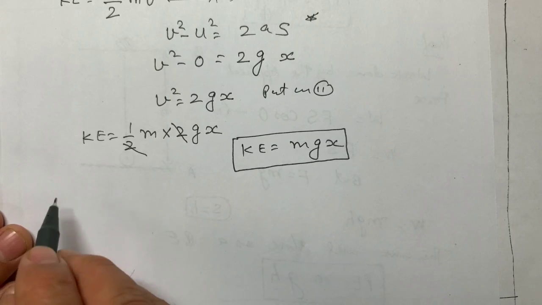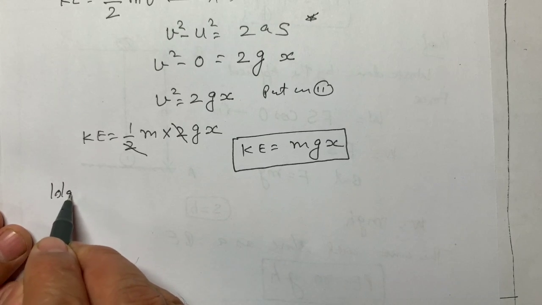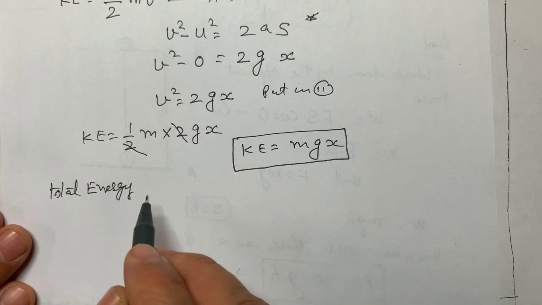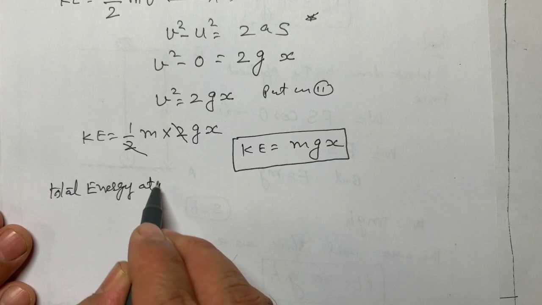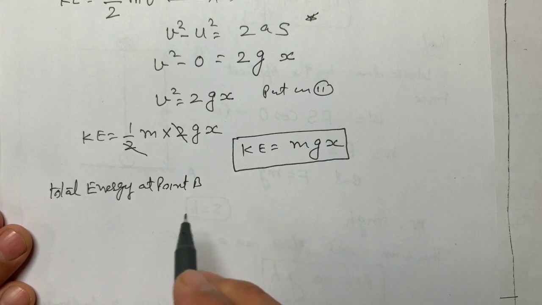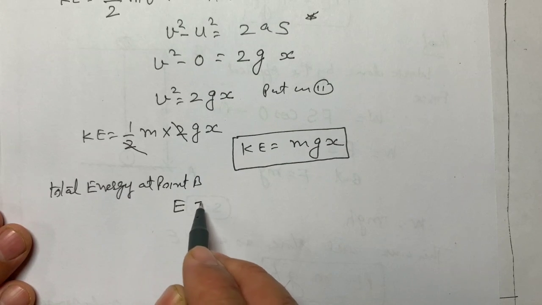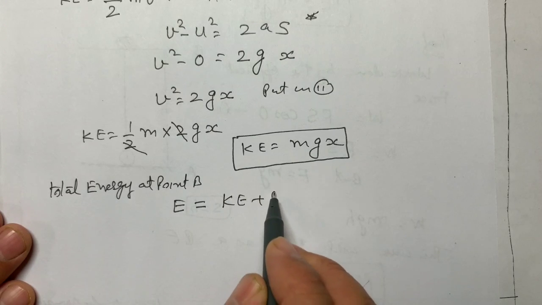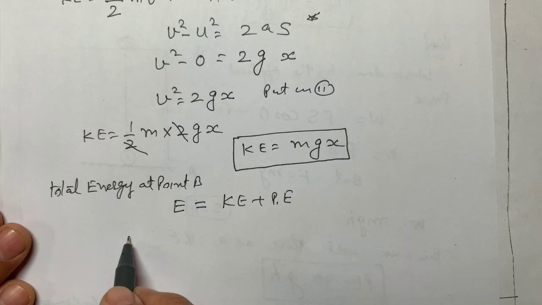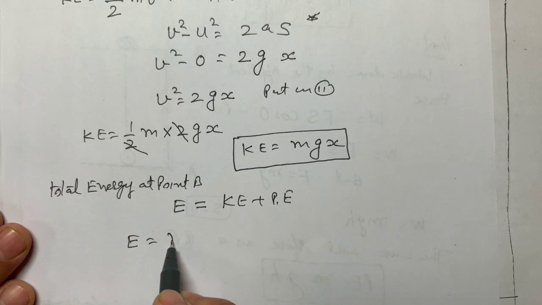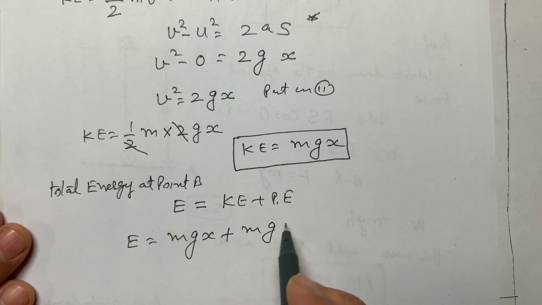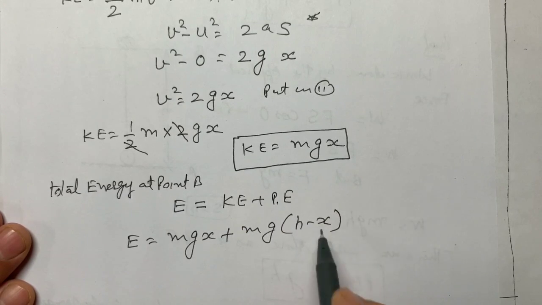Now what is the total energy at point B? Say total energy is equal to E. Again it is the sum of the kinetic plus potential. So what is kinetic? mg into x. What is the potential? mg into h minus x.